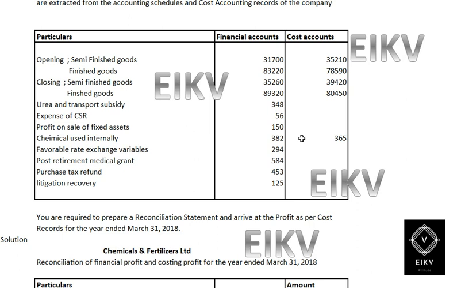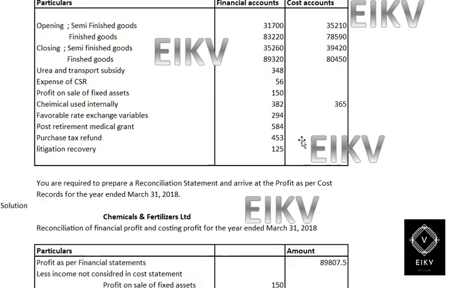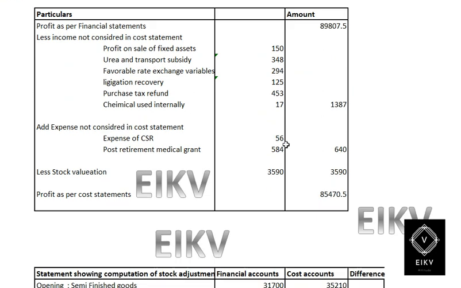But cost is less in cost statement, right? So the difference is 17. So an amount of 17 is more in financial statement. An expense of 17 is already entered as an expense in financial statement. So for arriving at the cost statement, we need to deduct such amount, rupees 17.